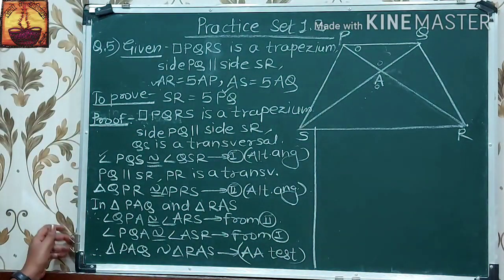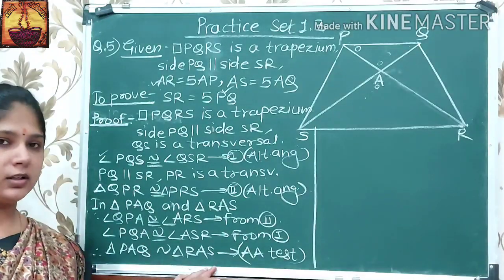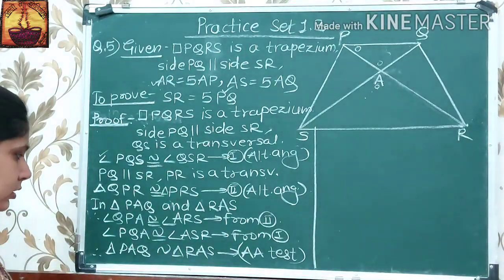If these two triangles are similar, then their sides are in proportion.